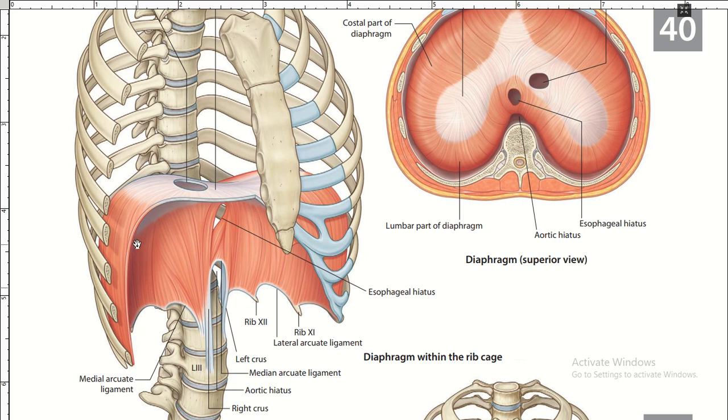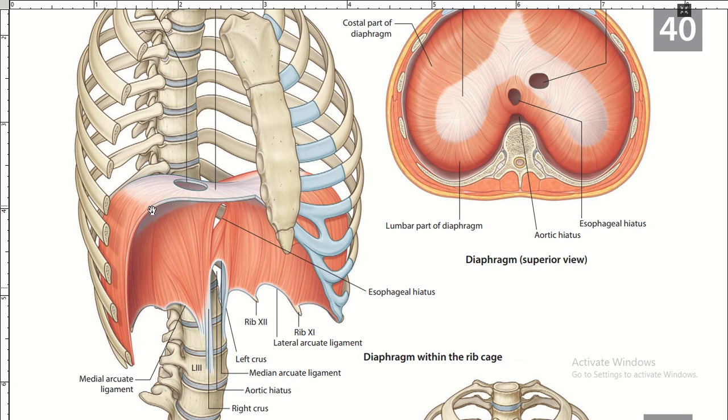So making the right dome of the diaphragm higher than the left dome. The right dome is higher, up to the upper border of the 5th rib, while the left dome is lower, going up to the lower border of the 5th rib.